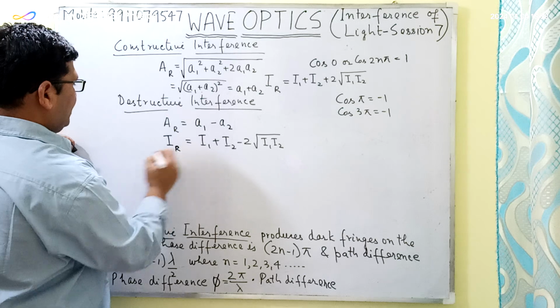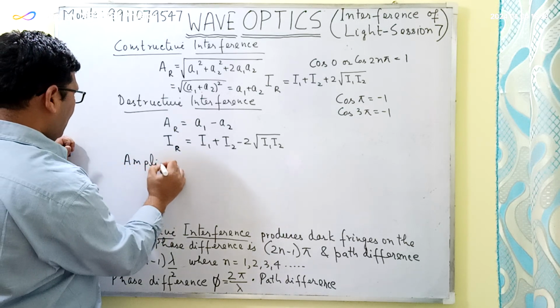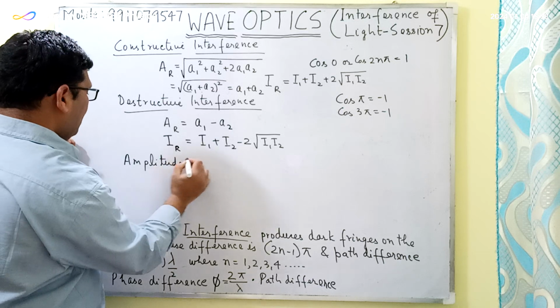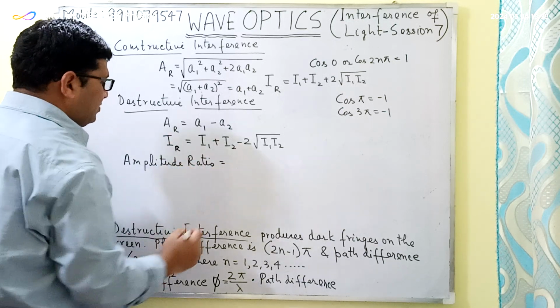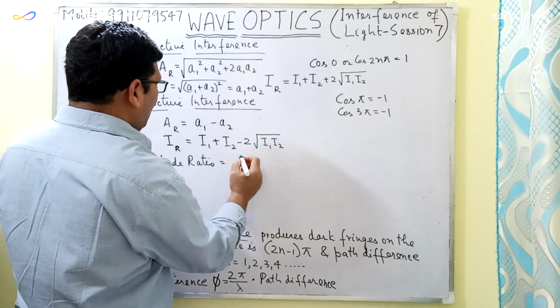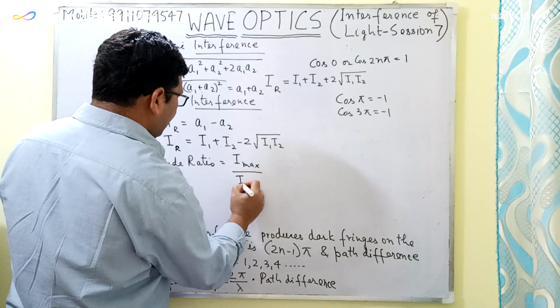Now there is one term by the name of amplitude ratio. The amplitude ratio is basically the ratio of the maximum intensity and minimum intensity.